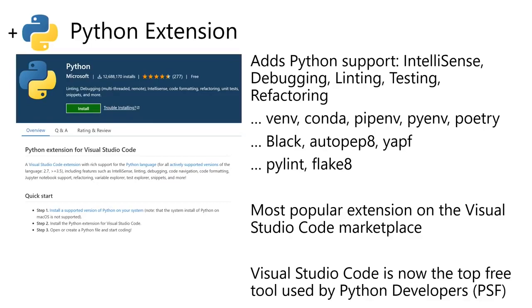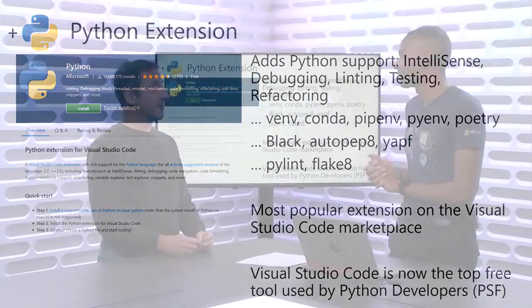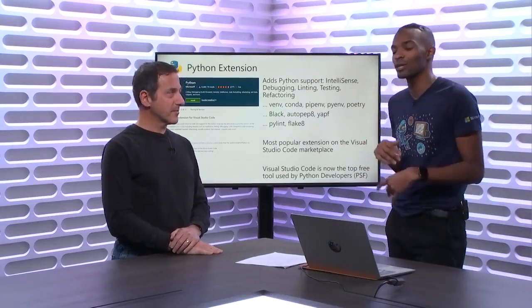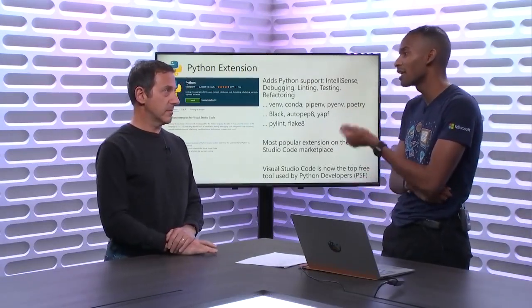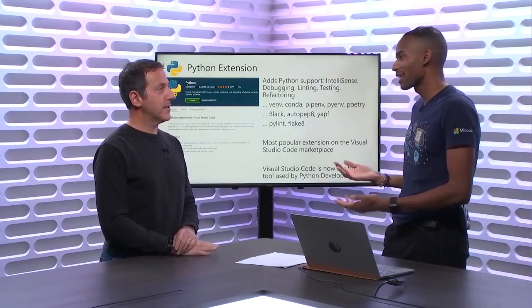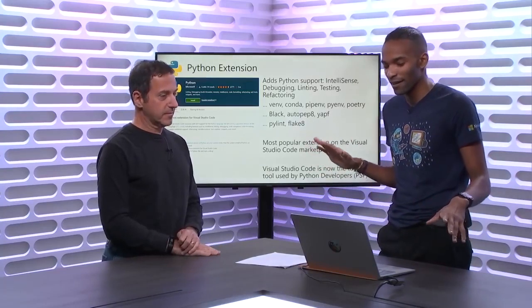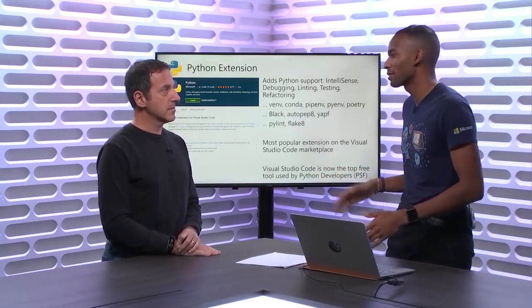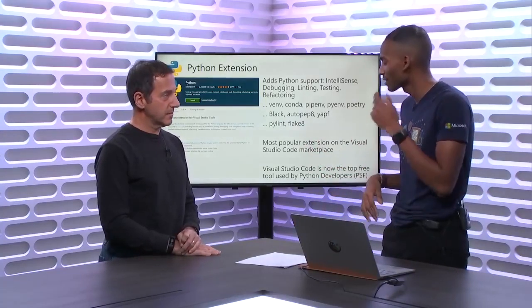Some fun facts about the Python extension in VS Code: it's the most popular extension in the VS Code marketplace. Really? More so than C#? Yes, indeed. Very cool. And even better, Visual Studio Code is now the top free tool for Python developers. Oh, cool. Which is really exciting. A lot of hype around Python, and hopefully by the end of this, you will understand a bit more why that's so.